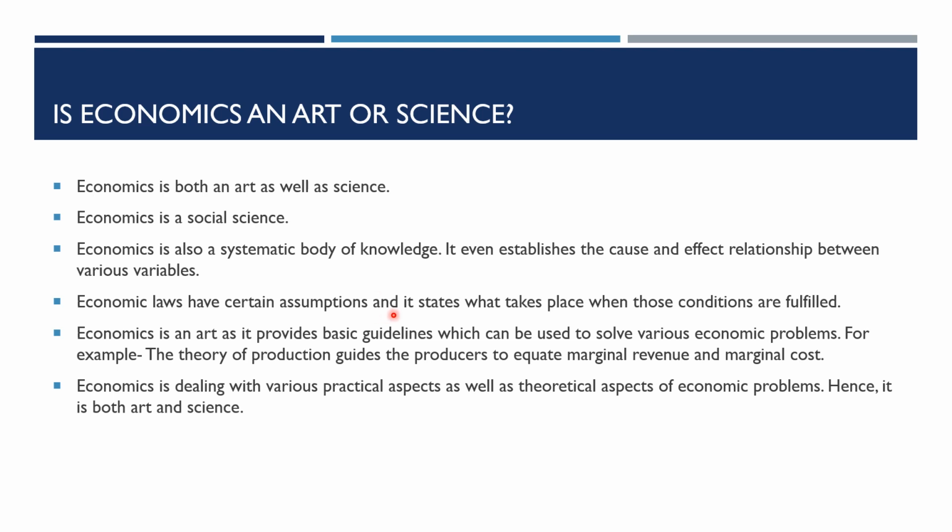The next point is about the economic laws. Economic laws have certain assumptions, and they state what takes place when those assumptions or conditions are fulfilled. For example, let's take the law of demand. In the law of demand, there are a lot of assumptions.